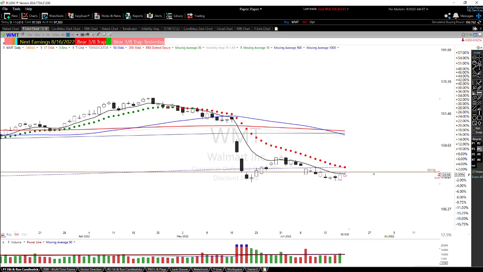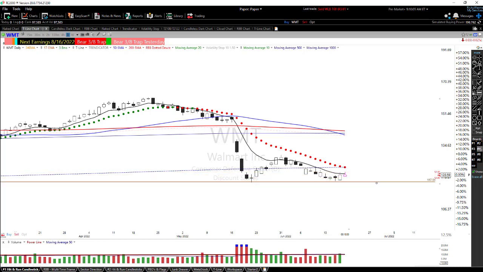And there is no way, shape, or form that a double bottom is a reason to buy. It can be a condition to buy, but not a reason to buy. So I'm sorry, I just don't think Walmart's nice. Where would I think Walmart would be nice is over this right here.